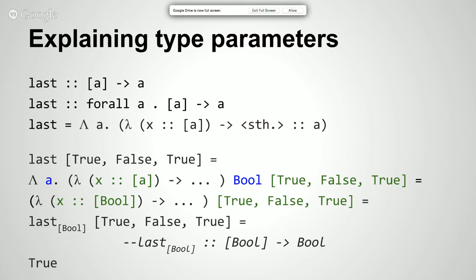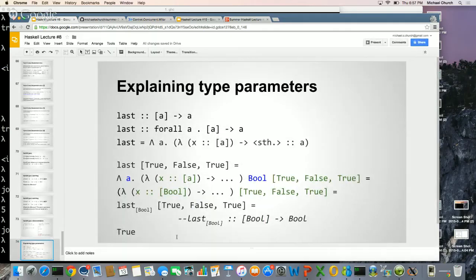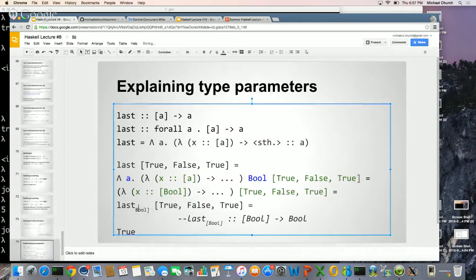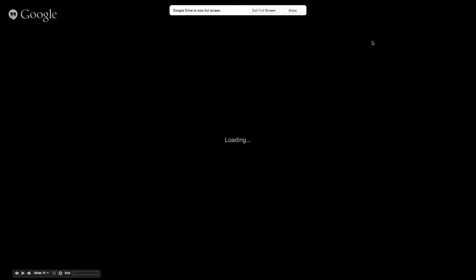Then it says, okay, I want the bool instance of this function last, which I've subscripted last bool. And so then it knows which last to apply, which is the last that applies to bools.